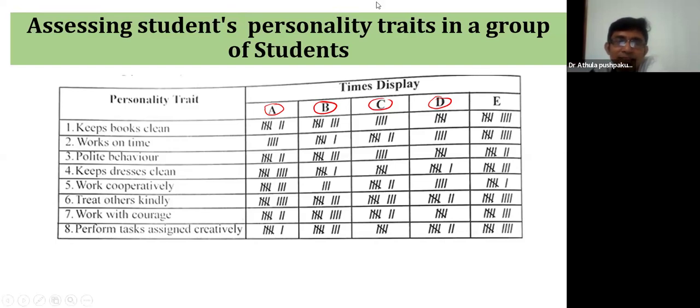Assessing students' personality traits in a group. We use the same questions, but given not to only one student, given to a few students. And after, how can we get the summation? These summations can be compared with another group also.